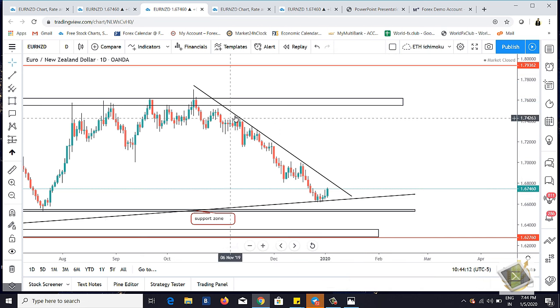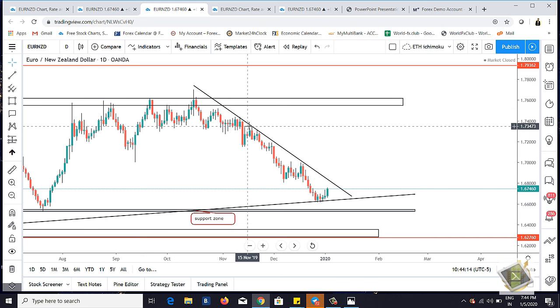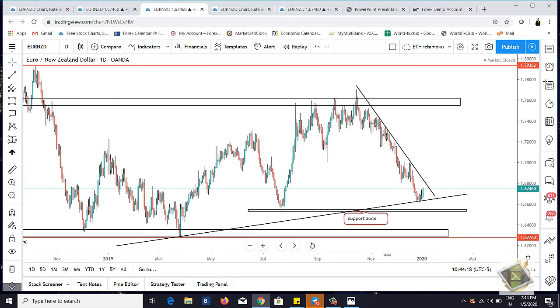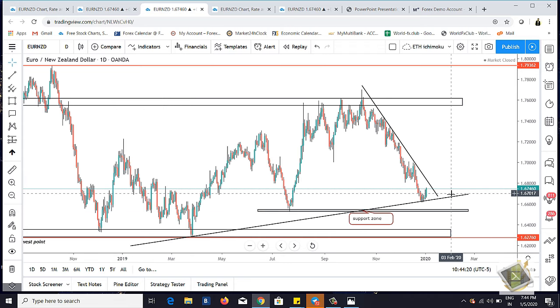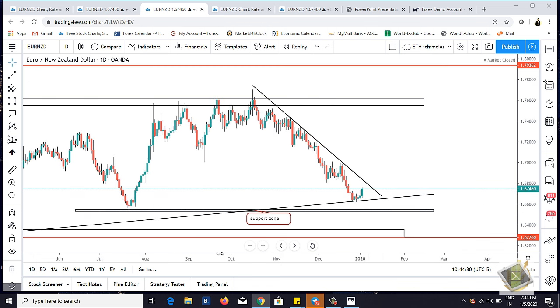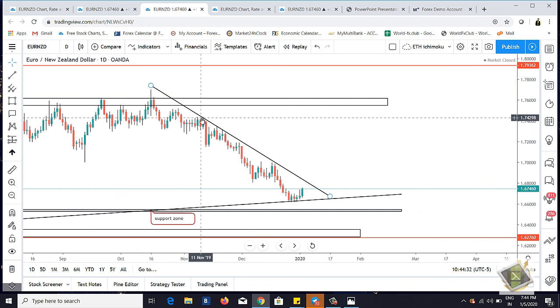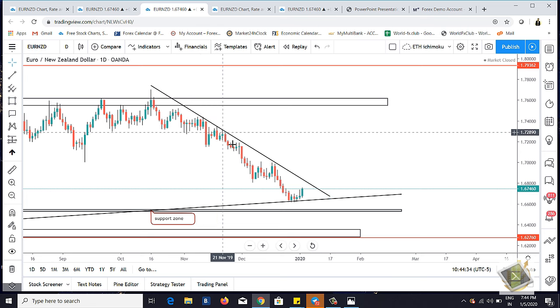See, price is just trading below this line, so you have to try to create these types of lines. It will give you a clear picture of what might happen. So now price is going up, it might touch this point and then fall back here. Same thing happened earlier also. Whenever price touches this line it goes back, touches this line it goes back. So the same thing might happen.